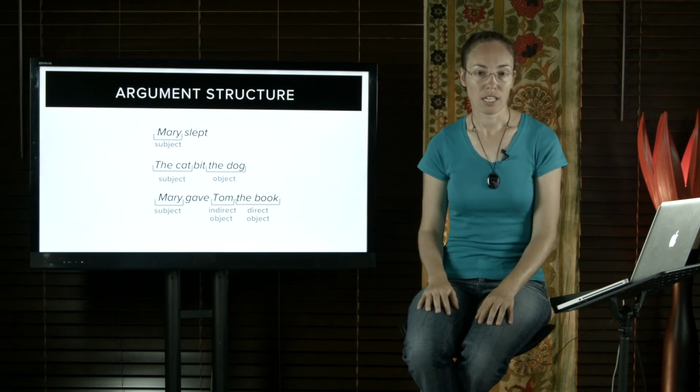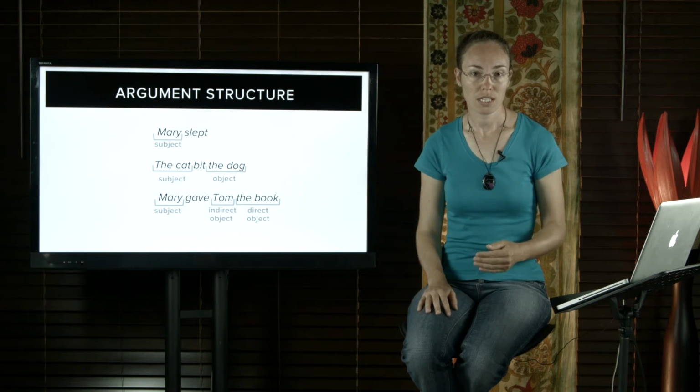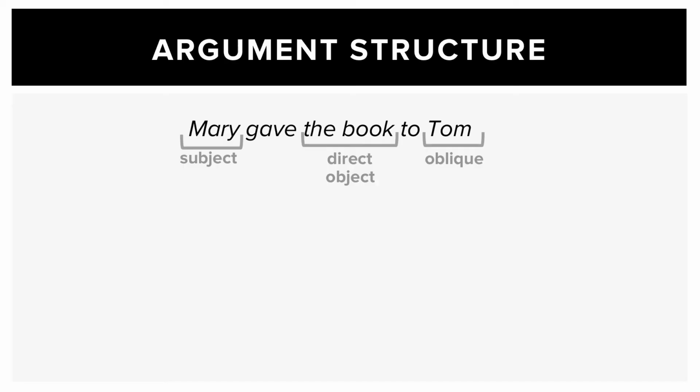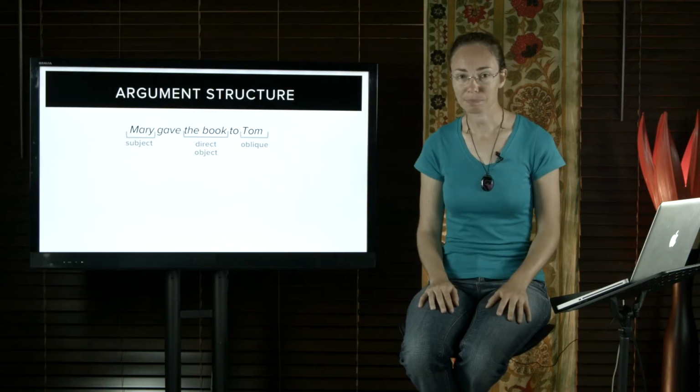Other kinds of ditransitive sentences have different grammatical relations. So in the sentence, Mary gave the book to Tom, Tom now has the preposition to in front of him. Mary is still a subject and the book is still a direct object, but Tom is now not an object, he's an oblique. Why?